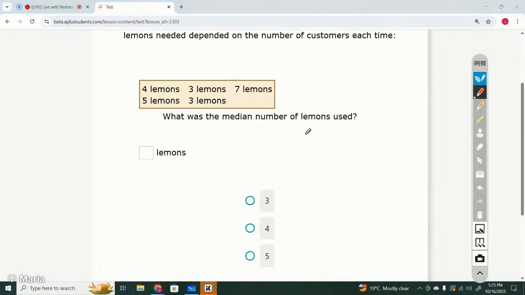For the median, you need to arrange the numbers from least to greatest. So, now you have to tell me which is the median.